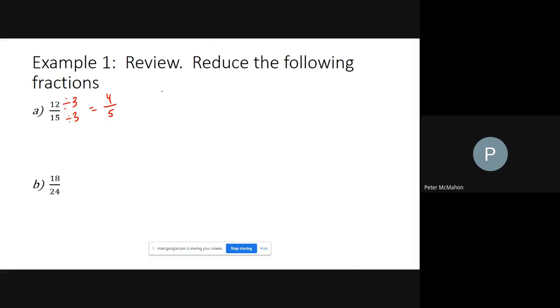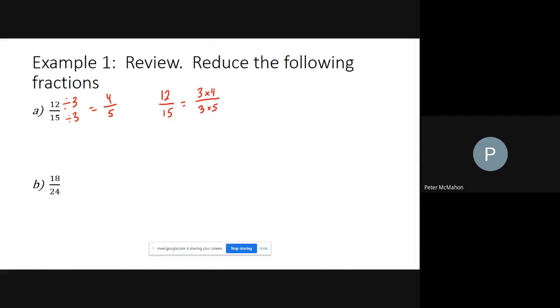I'm going to show you a different way of doing this question over here. And it's really doing the same thing that we're doing over here, but we're showing it in a slightly different way. What we're going to do is factor the top and the bottom of this fraction. And what I mean by that is, well, the number 12 is the same thing as 3 times 4. Okay, so we can do this. And now the number 15 is the same thing as 3 times 5.